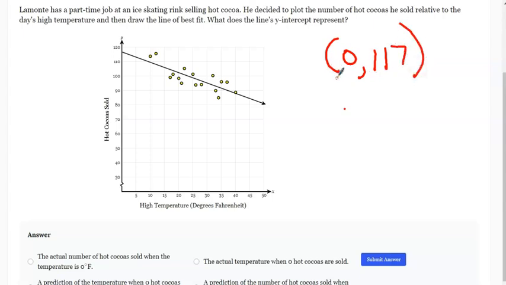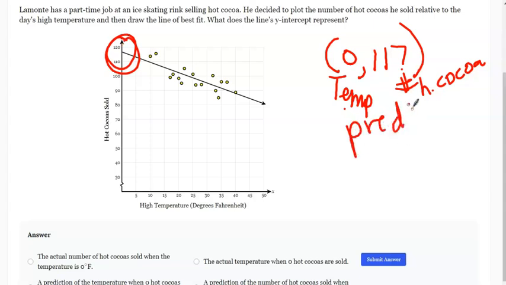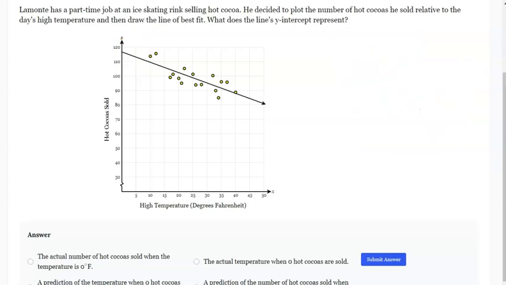But again, this is the temperature, and this is the number of hot cocoa. Are there any data points at that location? No. So this is a predicted or estimated value. That when it's 0 degrees outside, he will sell 117 cups of hot cocoa-ish.